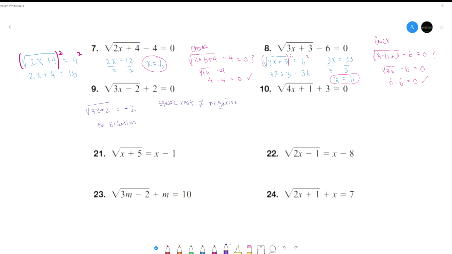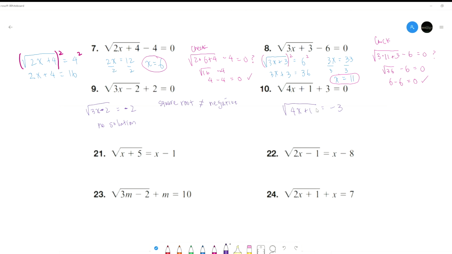Just remember, a cube root can equal a negative, so if this were a cube root, you would have to continue and solve for x. All right, same goes for number 10. When you subtract 3, you get the square root of 4x plus 1 equals negative 3, right? And the same deal, right?